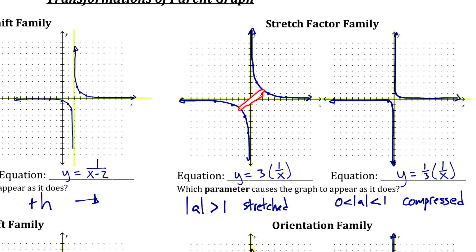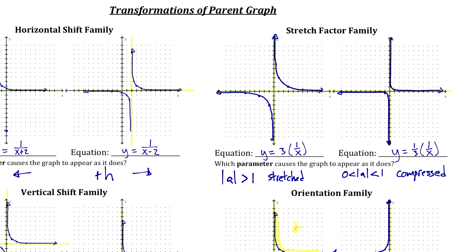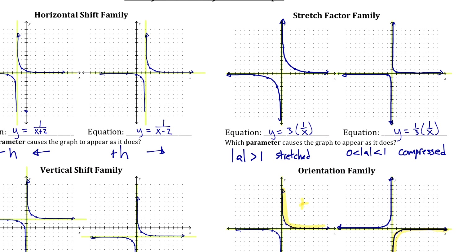When I put a small stretch factor, like 1/3, you'll notice these two points get very close. So it almost looks like a right angle. This curve looks very tight versus here it's a very wide turn. All right, so those are things to notice on all these.